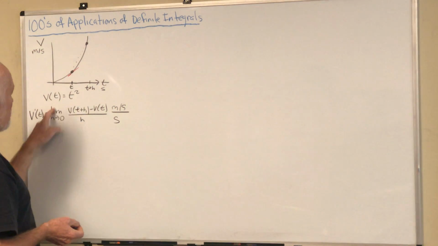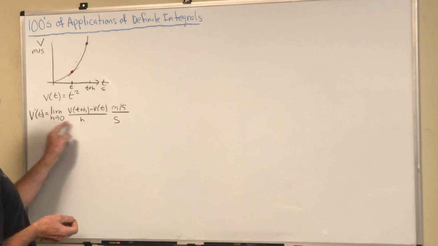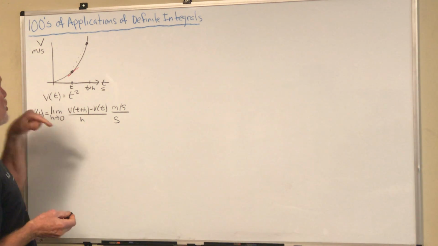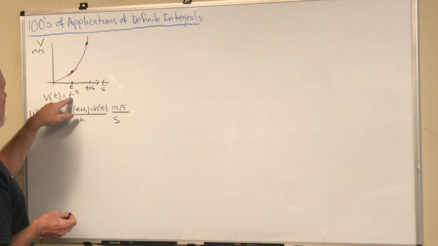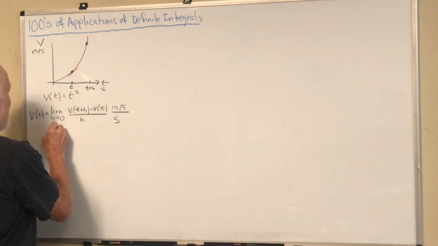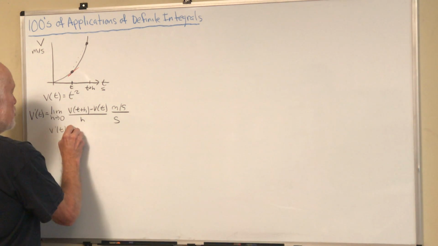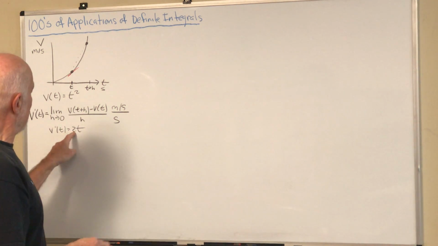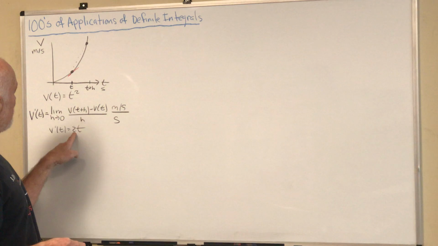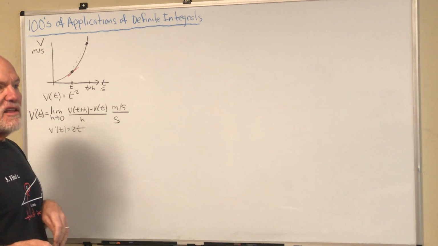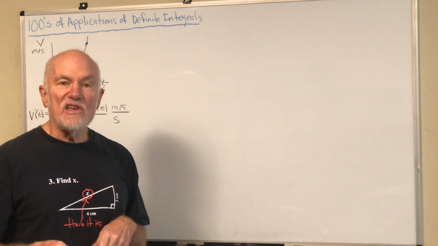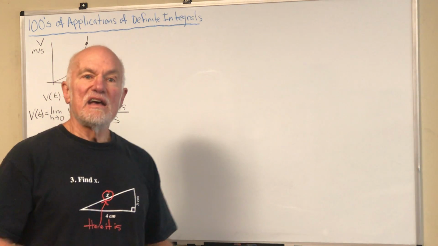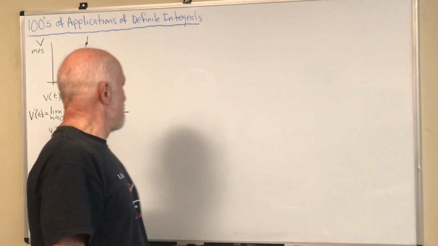Now, it turns out that we didn't have to do the limit every time because we used this formula to come up with a shortcut, and we found out that v prime of t was 2t. So you could plug in 3 to that, and you would know at time 3 seconds that the velocity was increasing at 6 meters per second every second. And that, again, was value to us.